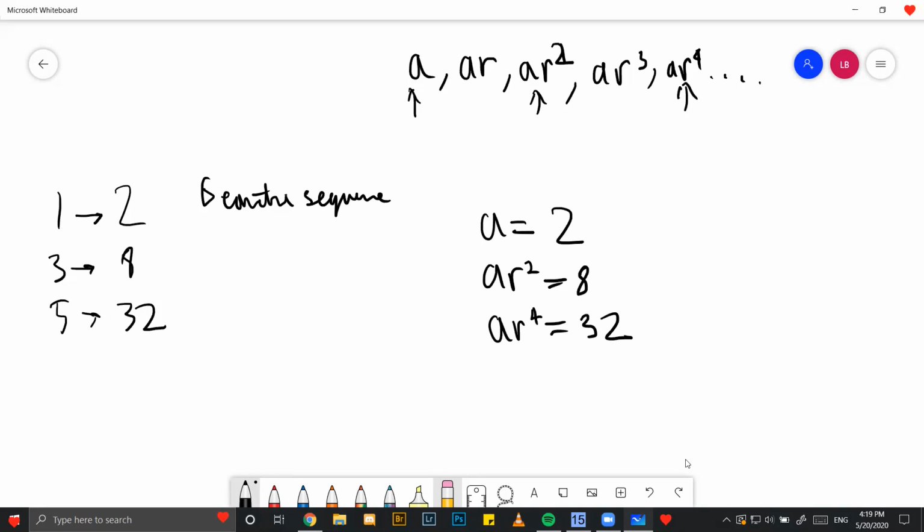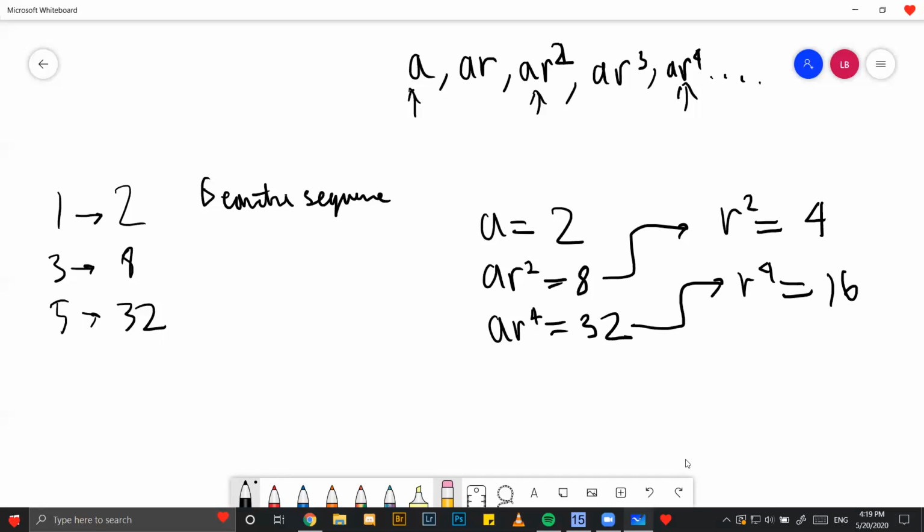Then you can apply that over here to show that R squared is equal to 4, since we replace the A with a 2, making 2R squared equal to 8, so R squared is equal to 4. And this one becomes R to the power of 4 is equal to 16.